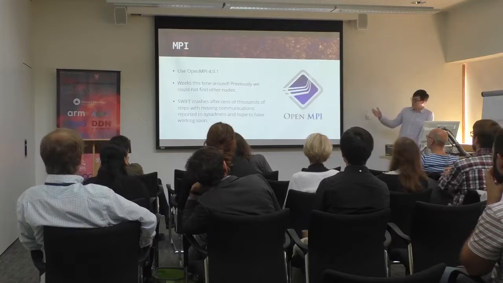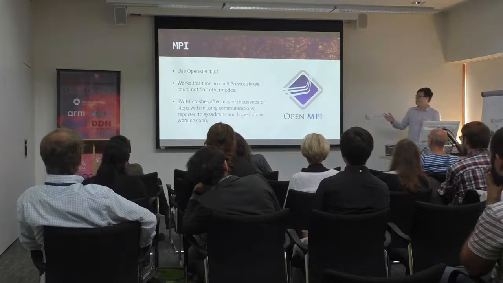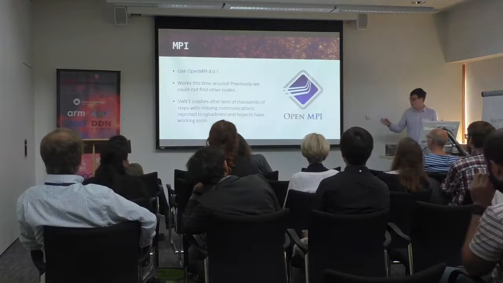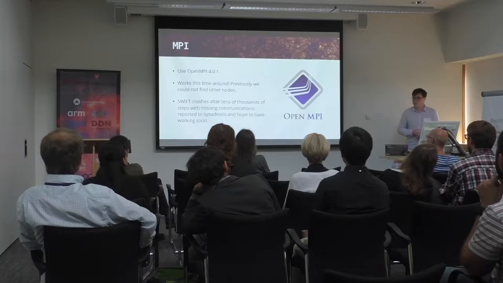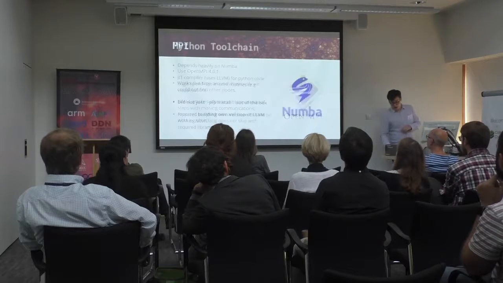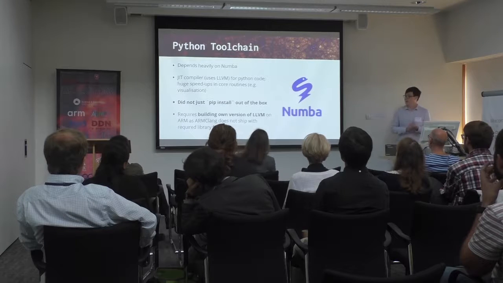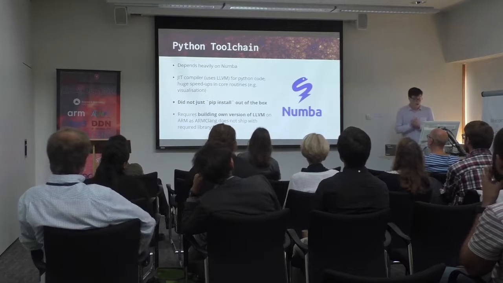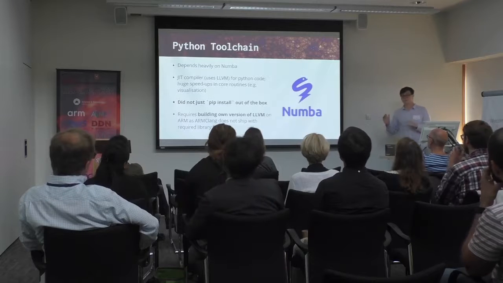So for the MPI, it actually worked this time. We were able to run on 2 nodes concurrently, which was something we couldn't do last time. After about 50,000 steps though, our code crashed with some UCX stuff and we reported it to the sysadmin, and hopefully that's fixed soon. Our Python toolchain, which relies heavily on Numba, which is a JIT compiler for Python, gives us about 1,000x speedups in some routines.